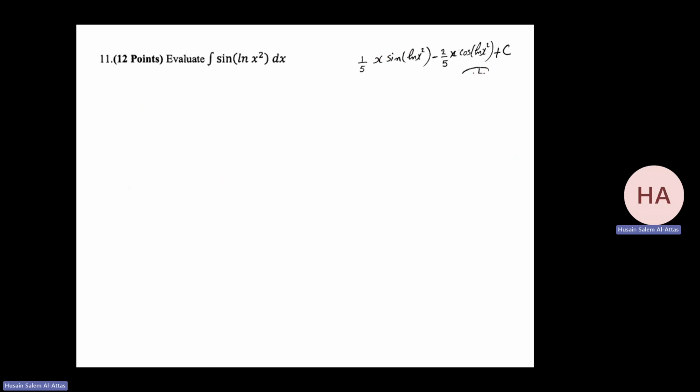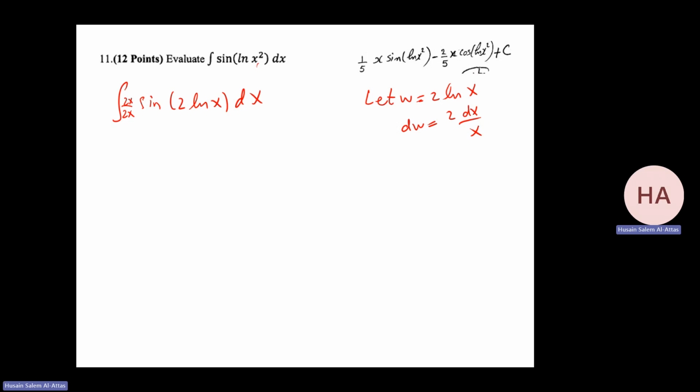Sine of ln x squared. Interesting. Actually it is sine of 2 ln x dx, or you can leave it as ln x squared. That I think will make it easier. So let w be 2 ln x. Then dw will be 2 dx over x. So I need to do this trick with 2x over 2x.